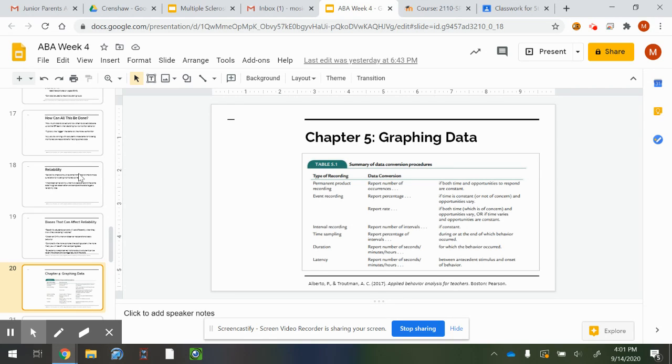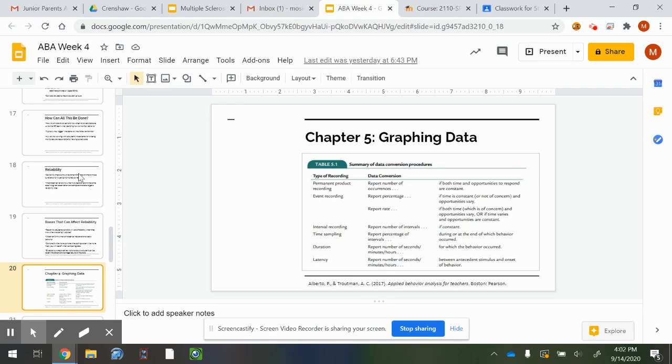Chapter 5, we're going to do more hands-on with Chapter 5 as we look at data and build our graph, but I did want to point out this table, which is Table 5.1 on page 94 of your text. I just thought this table really did a nice job of summarizing the different graphing procedures.